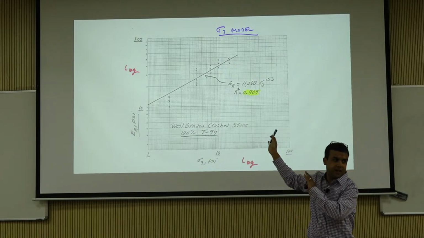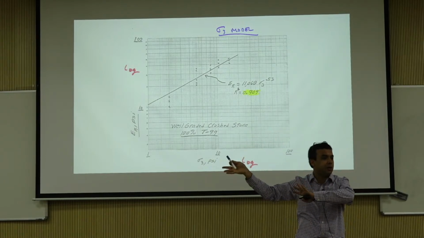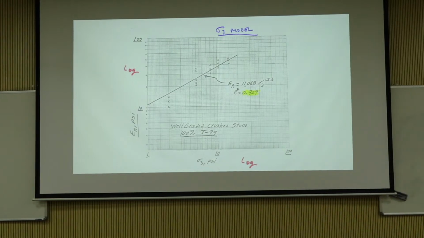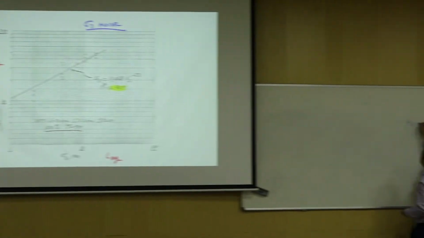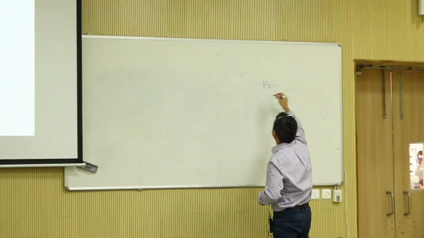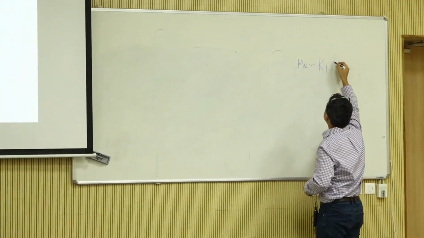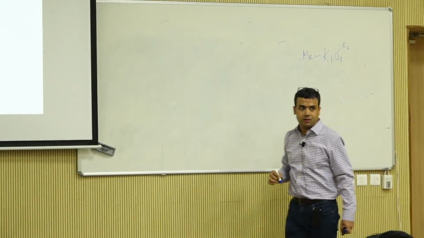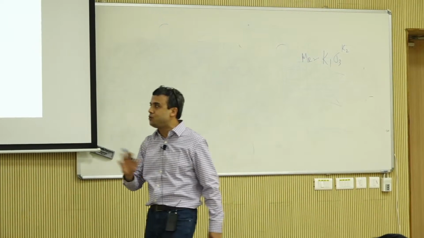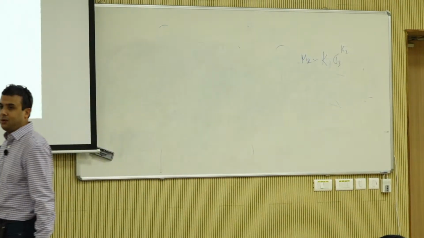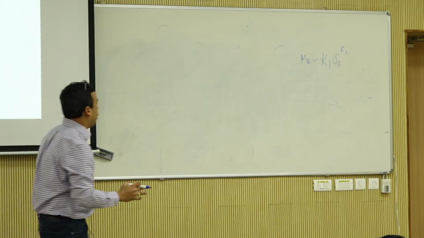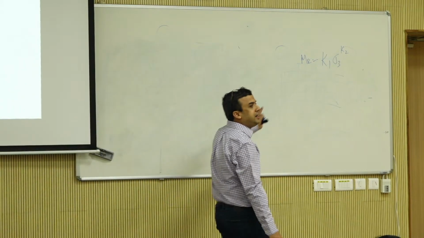This is a very rarely used model, but let's say this is the model we are using. So MR is equal to some kind of a constant K1 sigma 3 raised to the power K2. Okay, people who have done this, please don't answer because you probably know this already. You have done it. I want the others to brainstorm a little.